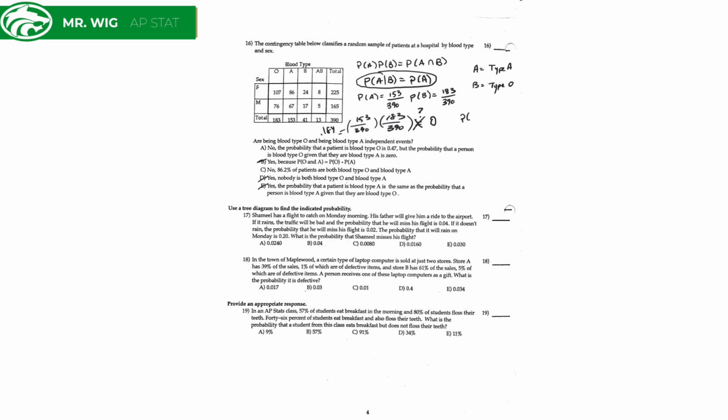The probability of having type O is equal to 0.47, which we call B, to keep my letters the same. What's the probability of having type A given that you have type O? 0.